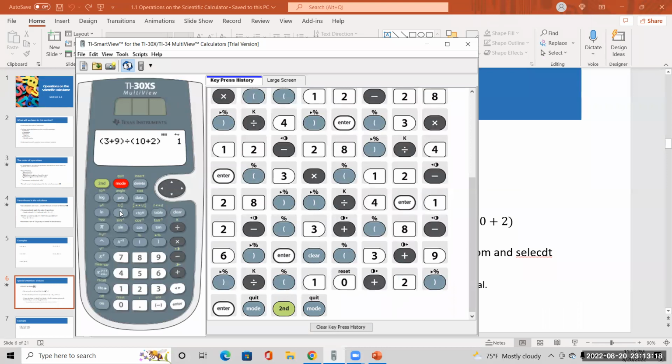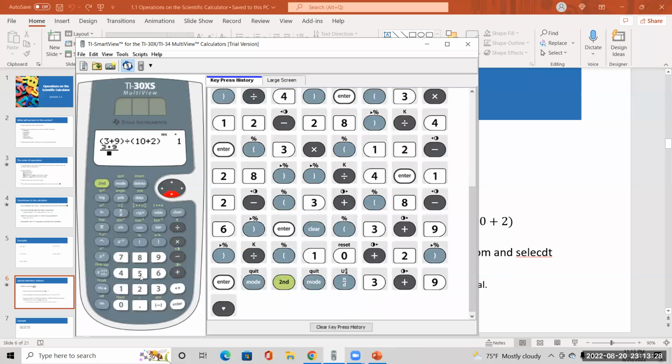This N over D button will set up a fraction for you. And then you don't have to use your parentheses as much. You can say 3 plus 9 and then use this little bottom button to say, move me to the bottom and say 10 plus 2. So it's really a matter of preference. It's going to do the exact same thing. Sometimes one way is prettier than the other.